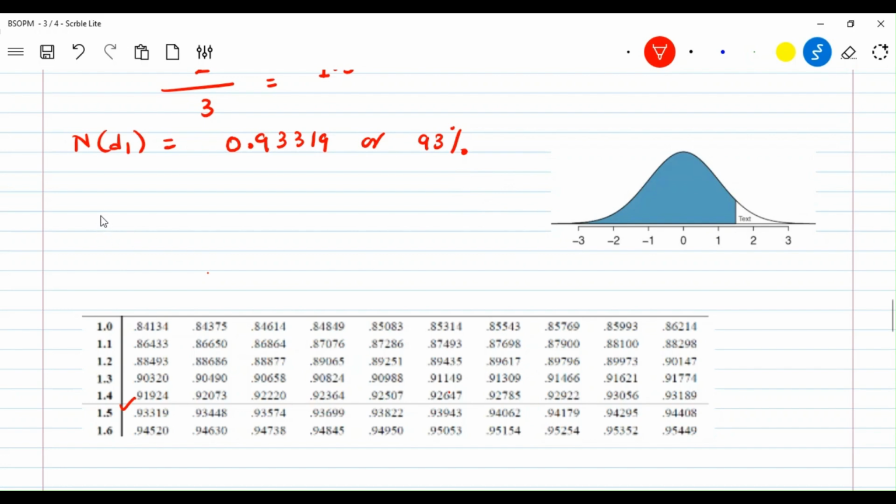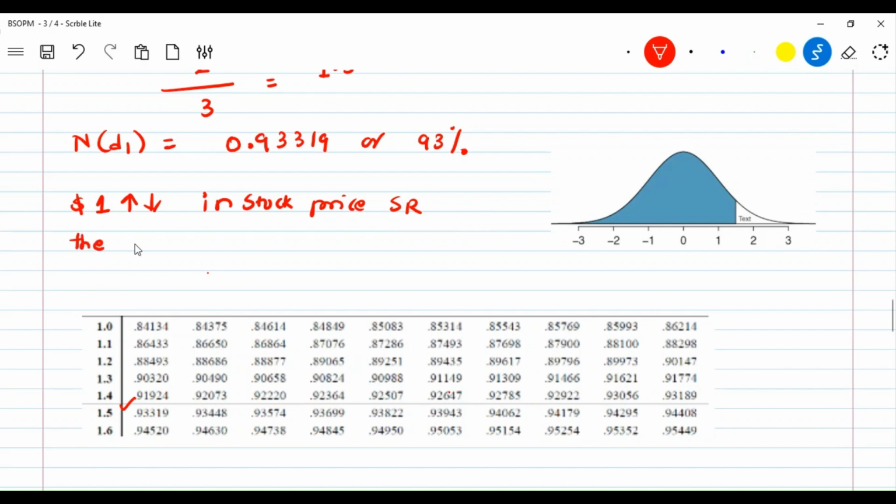So what does this 93% mean? It means that for a $1 change up or down in stock price, or in SR, the spot rate of whatever is your underlying, the value of your call option will change by 0.93 cents, right?